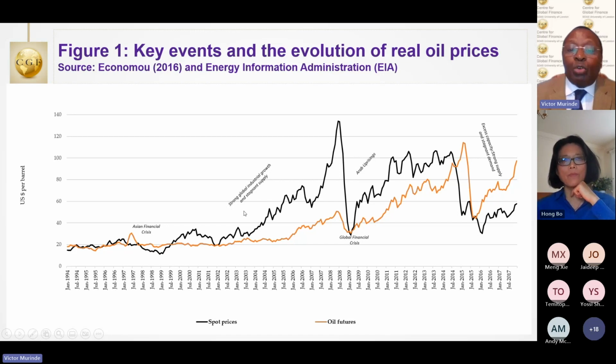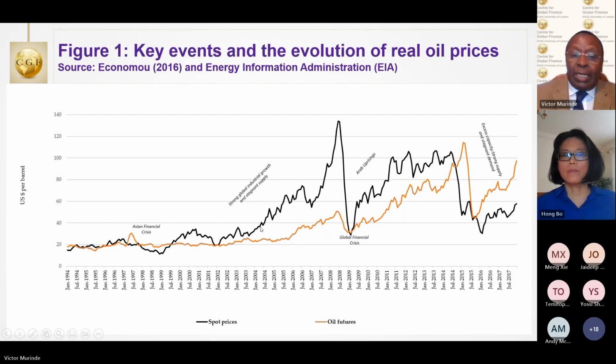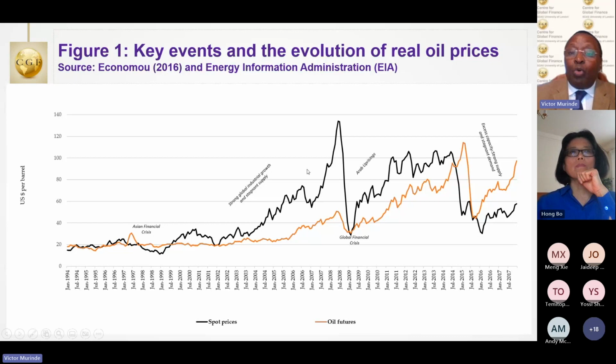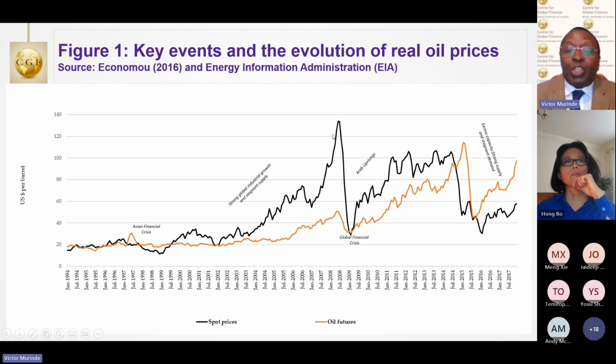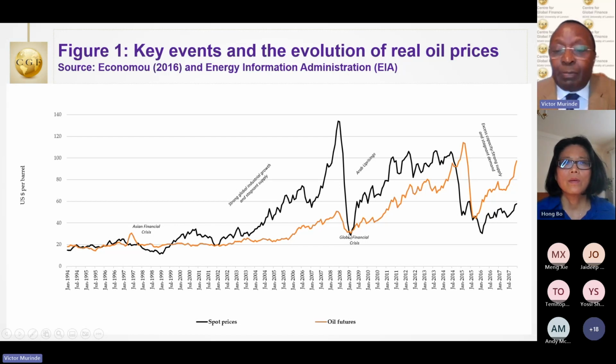And then also the boom that follows from 2001, which was only disrupted by the global financial crisis, where you see the sharp fall in the spot prices.